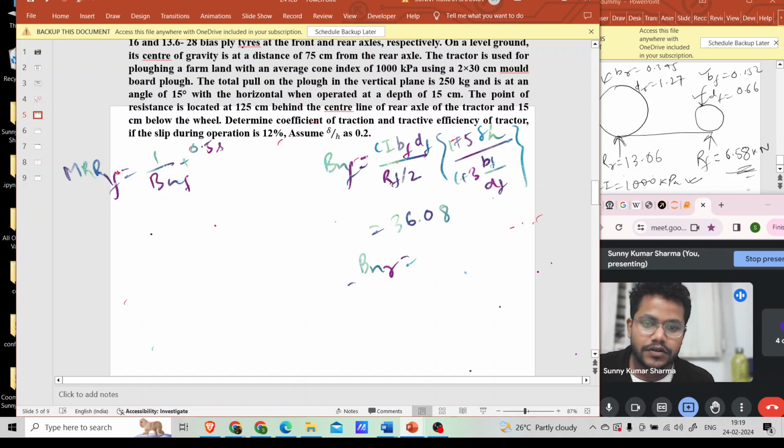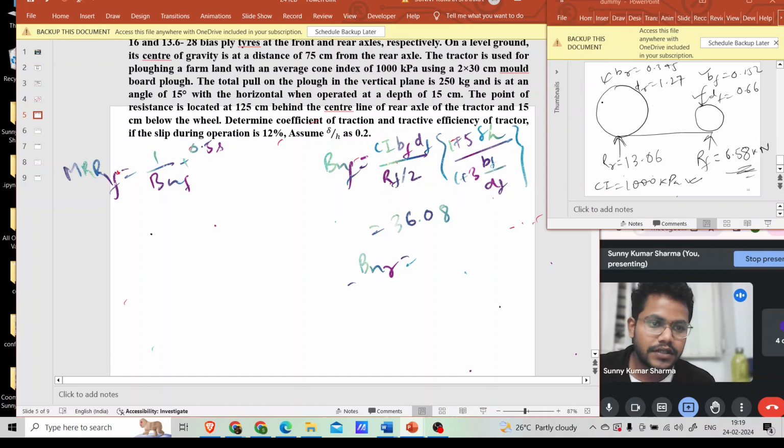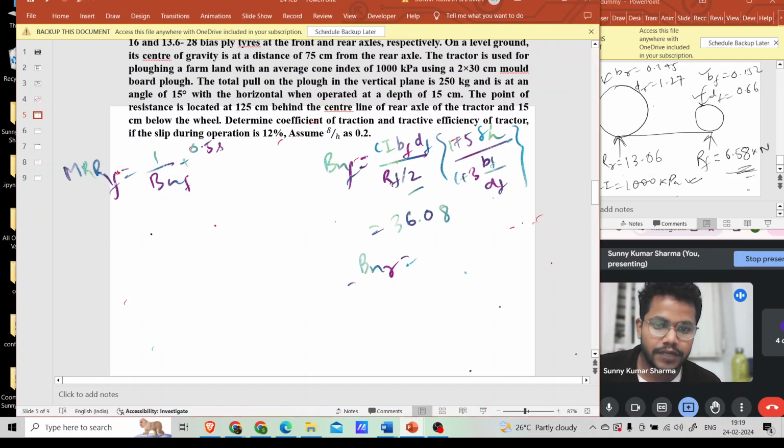Bn for rear, you will calculate. Everything is given on this side: Br, Dr and Rr. Rr you have to divide by 2.